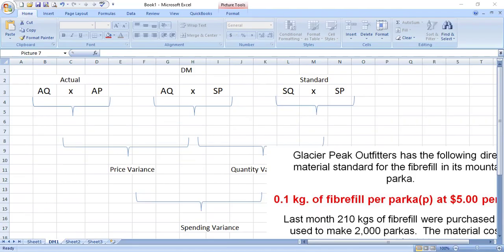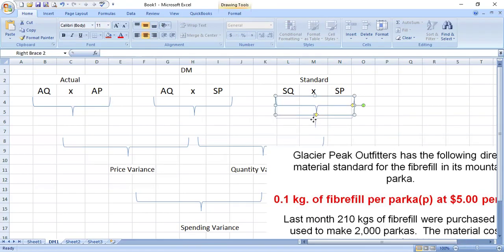Let me flip to my Excel spreadsheet because I did something. I don't know what I did here with the screen. I know you see my screen, but I lost my Excel spreadsheet. Okay, got it. So, standard price here is $5.